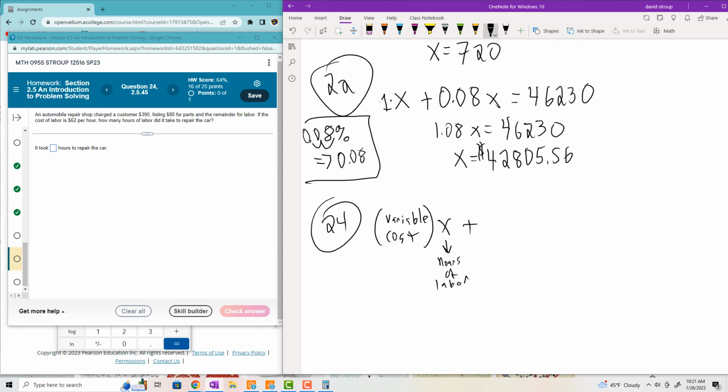Right, so there's this variable cost, which is dependent on the number of hours of labor. And then there's this fixed cost. The variable cost is $62 per hour. The fixed cost is going to be the charge of the parts.